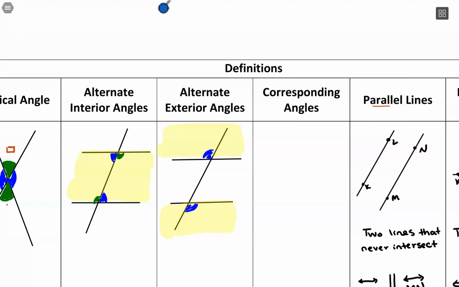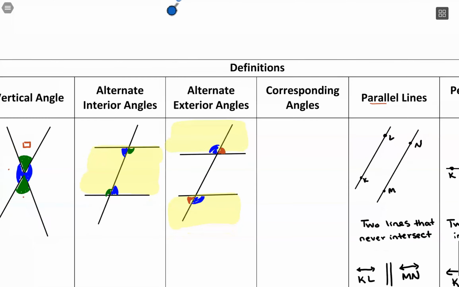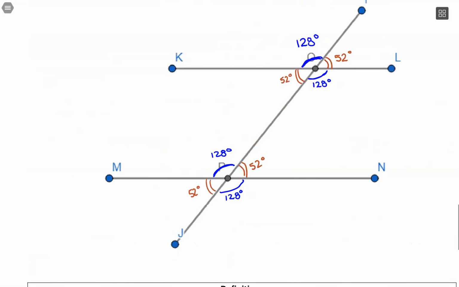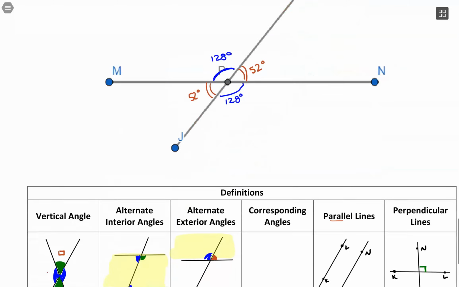If I was on the right-hand side up here, the left-hand side down below would be the same. In our picture, that would be like looking at this 128 degrees at the top, on the left-hand side on the outside; the right-hand side of the outside would be the same. And right-hand side of outside up here, left-hand side of outside there. So at the exterior of the intersections, the opposite sides match up.